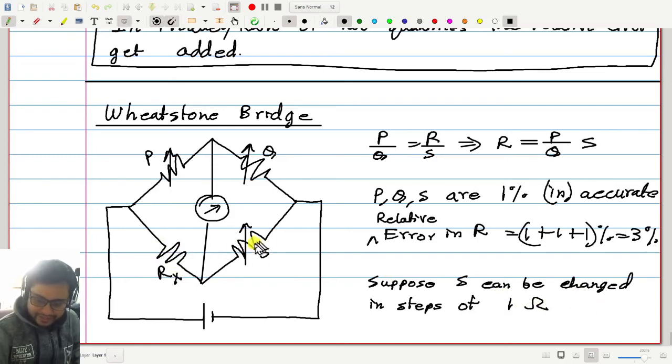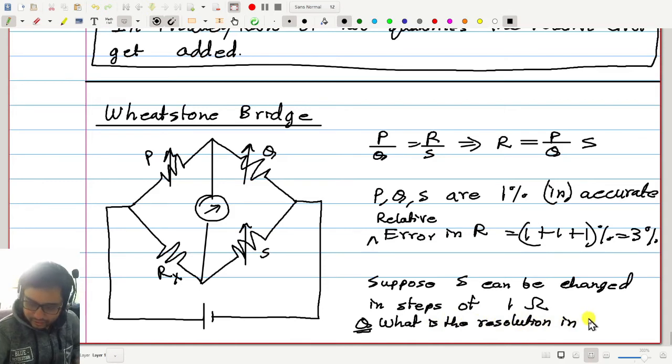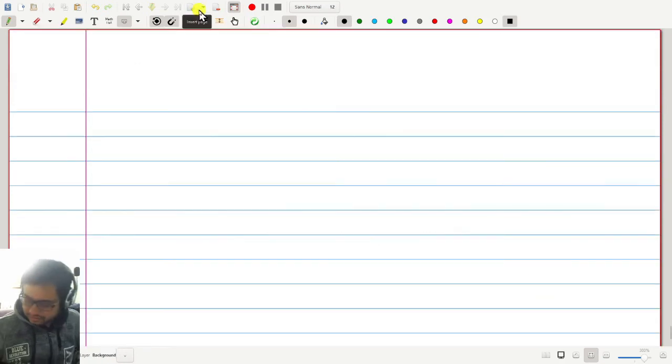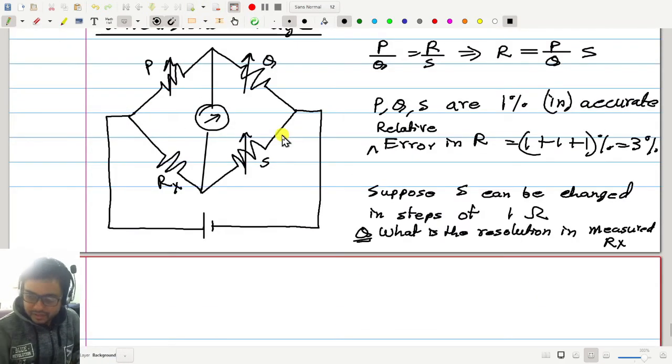Now let me ask, what is the resolution in measured Rx? How can we find that? Again, let us come back to this equation.